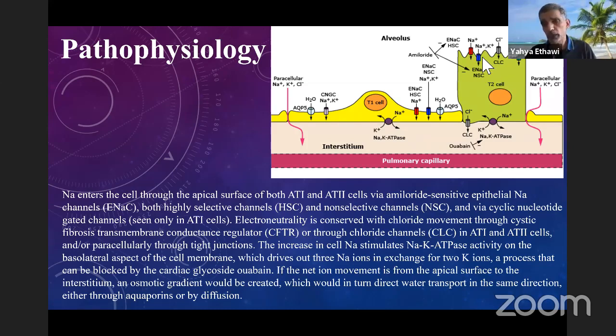Once you move sodium in, you will exchange it with potassium. Once you move sodium in any way from the epithelium to the interstitium, then the water will move. So it converts from secreting electrolytes in the fetal lung to absorbing electrolytes just before, during, and after delivery. So understanding this mechanism is vital to understanding TTN.